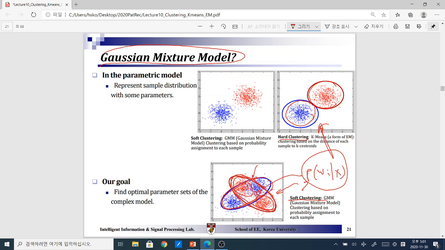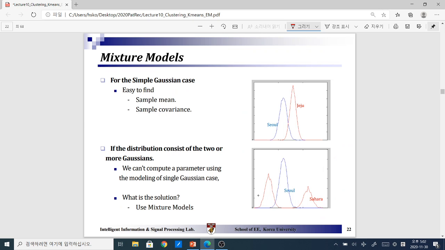Rather than a hard cluster decision, we assign each sample a probability. That's what is meant by soft clustering. And this is certainly good, especially when you have a Gaussian mixture model situation. So what's a Gaussian mixture model situation?